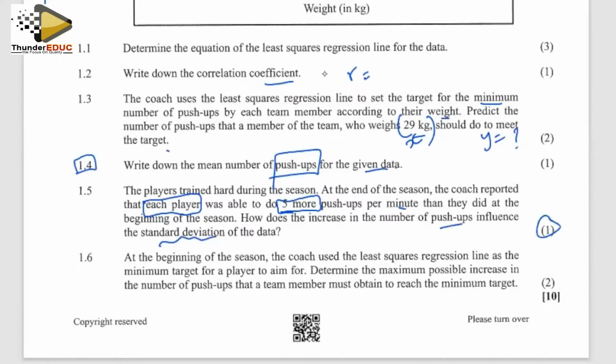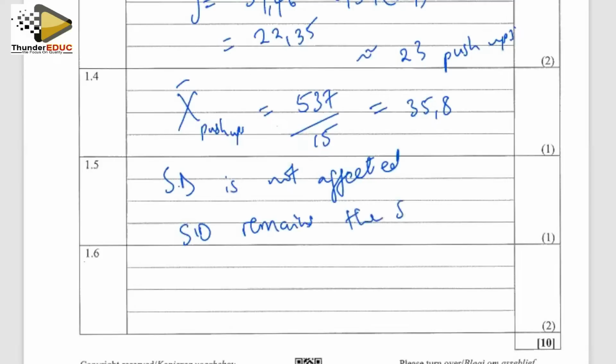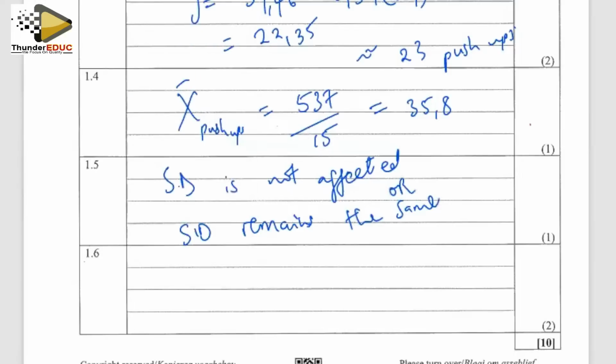In normal cases, as long as there's an addition or subtraction that is uniformly done across the data pieces, it does not affect the standard deviation. It will only affect the mean. So we can say that SD is not affected, or alternatively that SD remains the same. Had it been the mean, then the mean would have increased by 5.